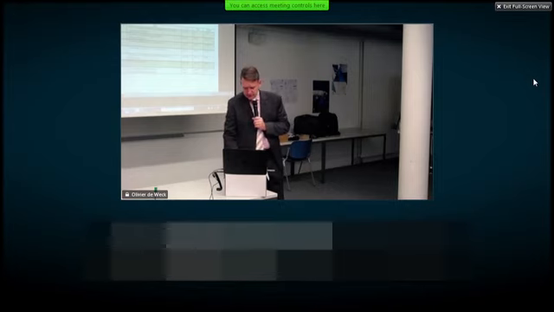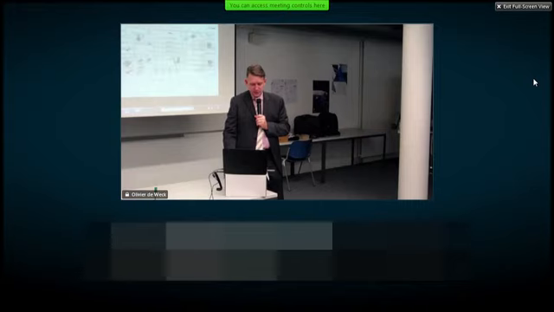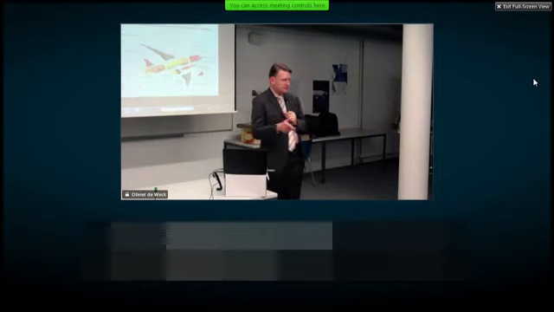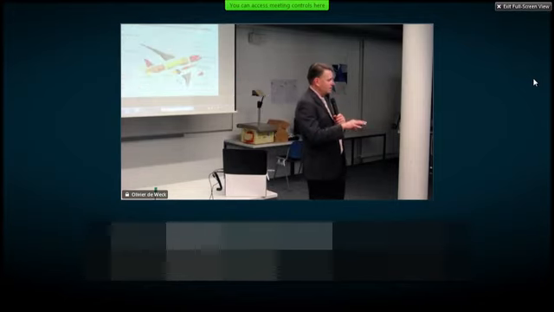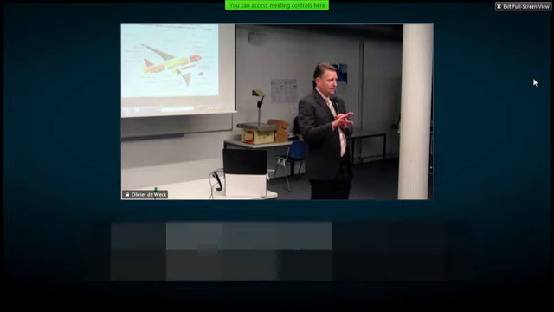So the point I want to make is that in the 787, the modules are essentially pre-outfitted. All the systems, like the electrical system, the hydraulics, everything is already installed by the time the module arrives at the assembly plant in Everett, close to Seattle.